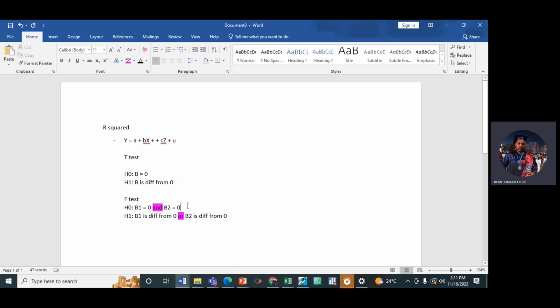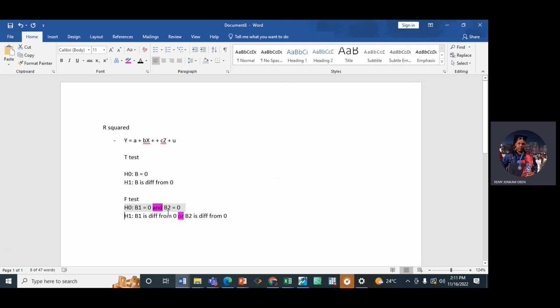This null hypothesis tells us that the coefficients are jointly insignificant. The T test is for individual coefficients. Each coefficient is insignificant for the null hypothesis. For the alternative, each coefficient is significant. But the F test is telling you that all the coefficients combined are jointly insignificant.